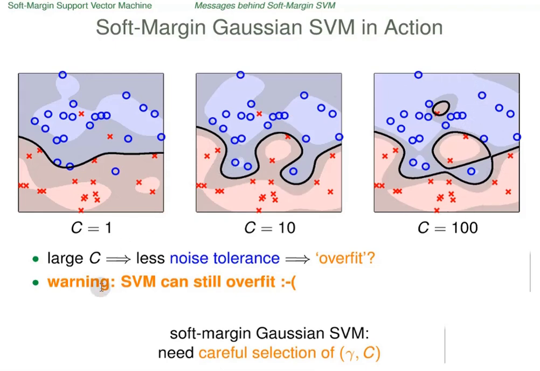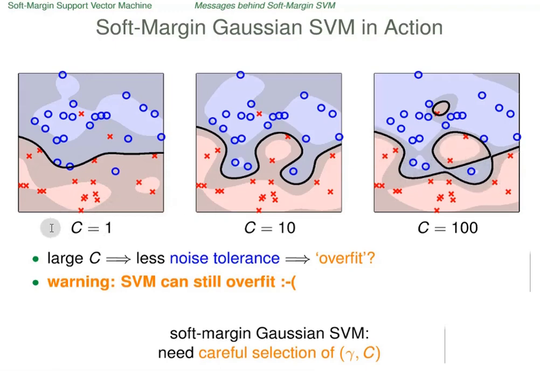Let's take a closer look at the role of the parameter C in the soft margin SVM formulation. If C is large, as shown here, it means that we want all violations or all the error to be as small as possible, with the possible trade-off being a smaller margin, which leads to a highly complex boundary.